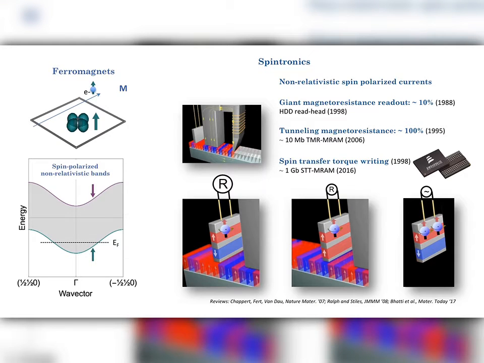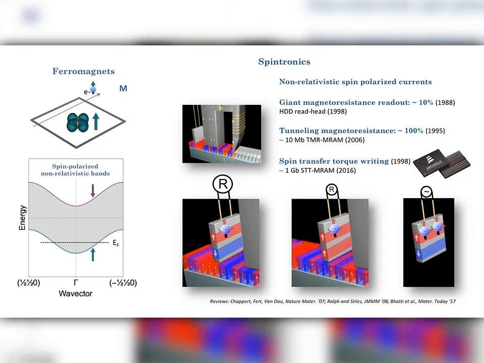We're all perfectly familiar with the first class of magnetic materials, ferromagnets, which are crystals containing magnetic atoms whose moments are ordered in parallel. And as a result of this exchange polarized magnetic moments, we also get exchange split electronic structure into the majority and the minority bands.